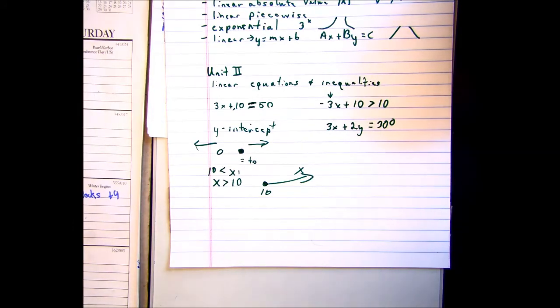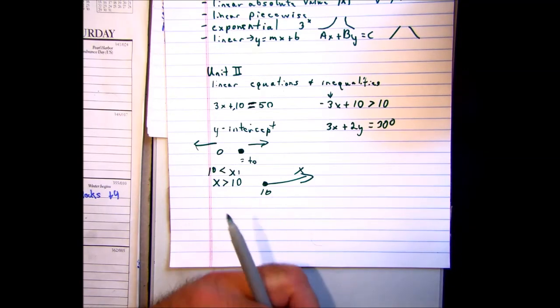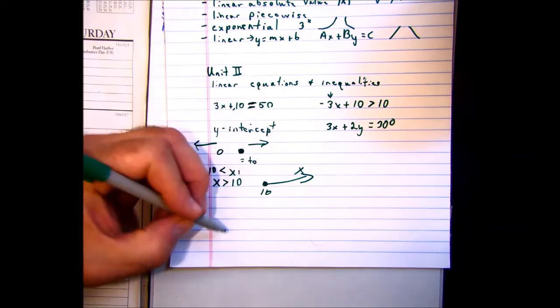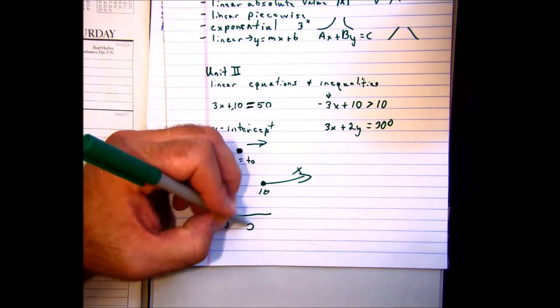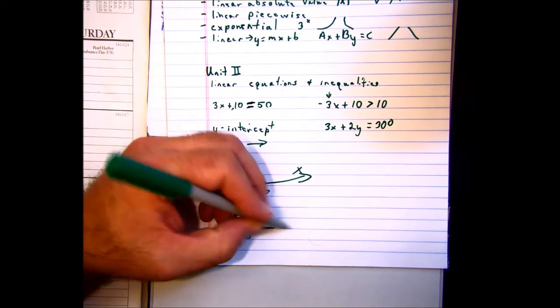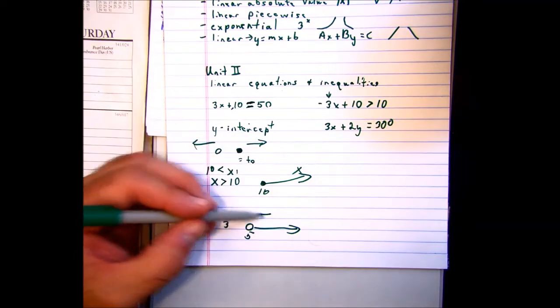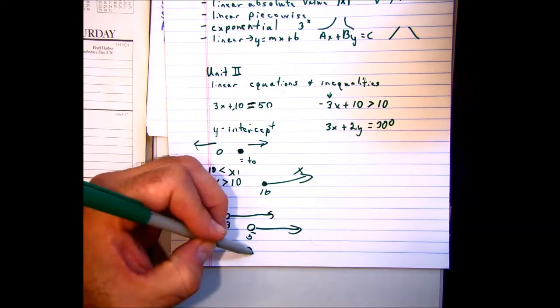But an and problem is where they did what? Overlapped, correct. We were looking for where they overlapped. Now, can some or problems overlap? Yes, they can. So, for example, if you had all the numbers greater than 3 and all the numbers greater than 5, they're overlapping at everything greater than 5.